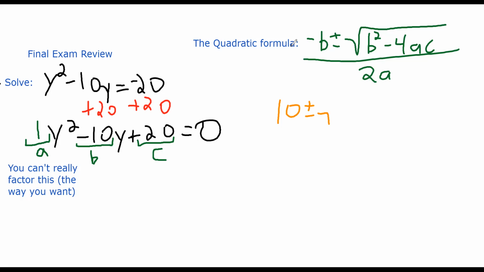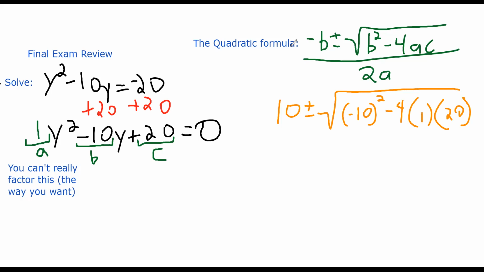Plus or minus the square root of b squared, (-10) squared, minus 4 times a, which is 1, times c, which is 20, all over 2 times 1. So the important thing is to keep track of signs here. What's positive, what's negative, what's happening.